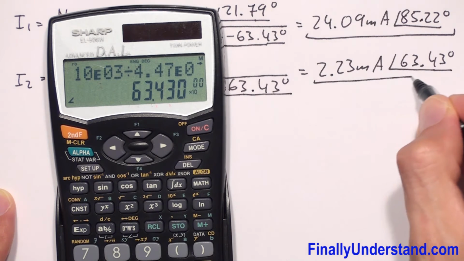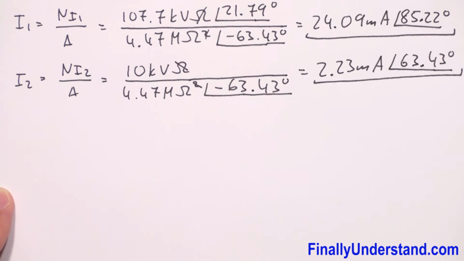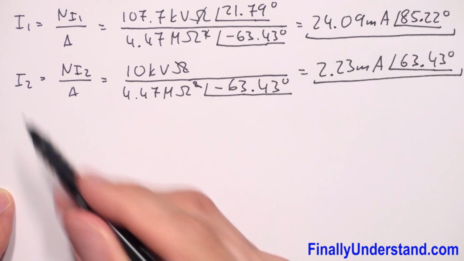So this is my loop current or mesh current I2.